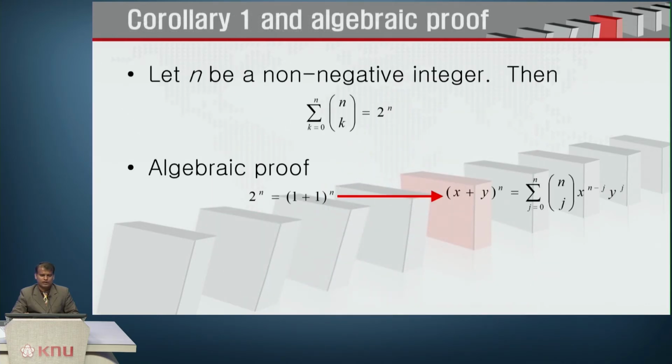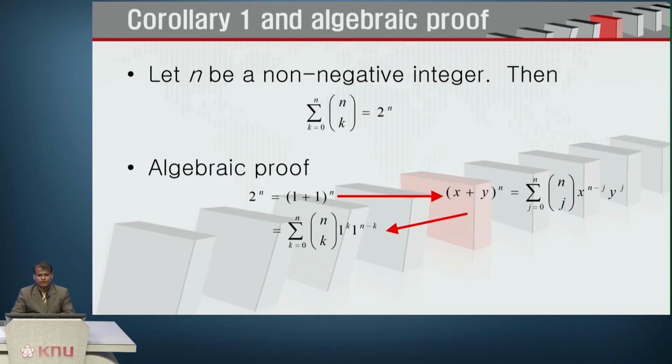So if you would like to look at this definition by means of algebraic proof, 2 power n equals (1 plus 1) power n, and that again is similar to (x plus y) power n. Again you can represent that by means of the summation j equals 0 to n of n choose j times x power n minus j times y power j.